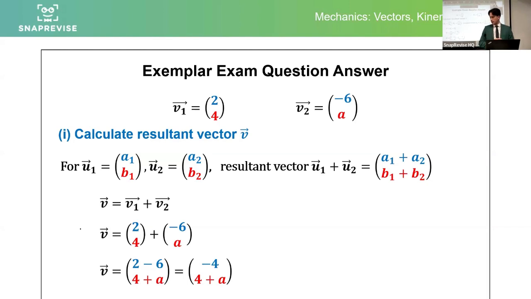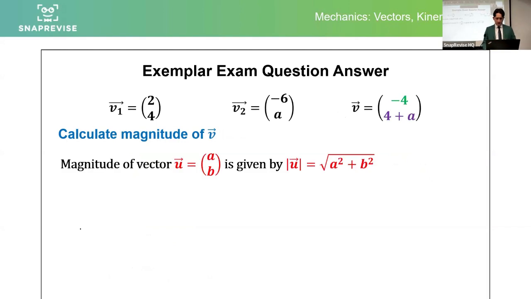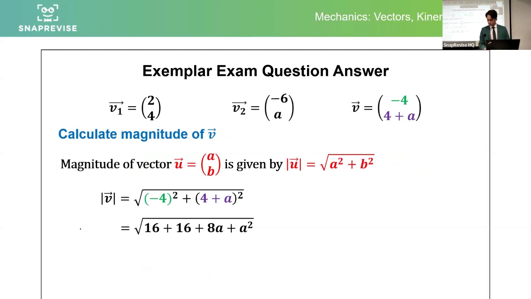So if we Pythagoras that, what we can set up is that minus 4 all squared plus 4 plus A squared must equal the square root of 25, so 5. And so we can tidy that up, and we are going to obtain a quadratic in A. So this is where that quadratic is emerging from. And getting all that information in, the resultant vector, and setting it up, we're getting a mark.